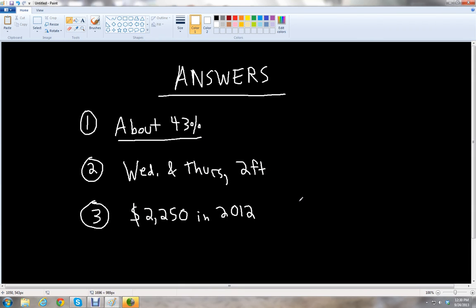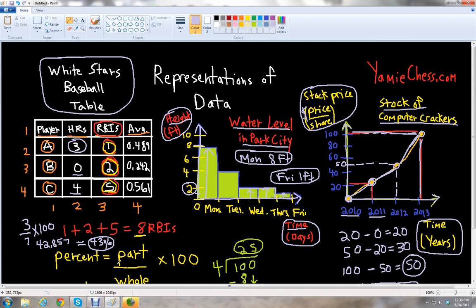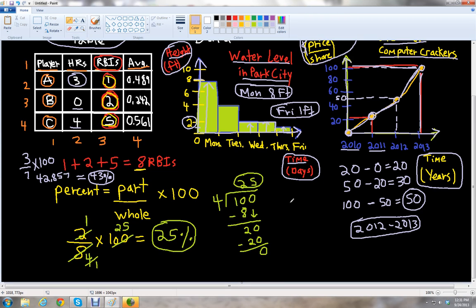Okay, so last but not least, question number 3, you should get $2,250 invested in 2012. So let's see how we found that number. So it looks like we wanted to invest 45 shares in the company Computer Crackers.